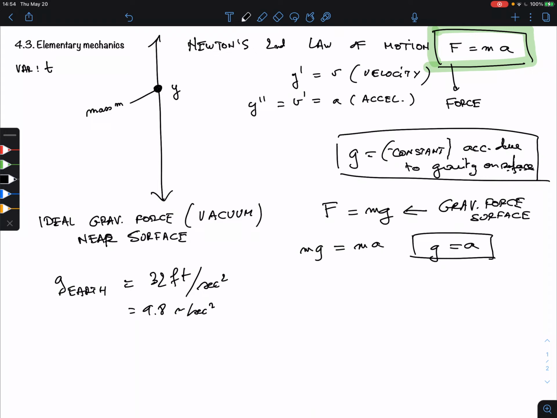And so this means that y double prime is, well, one thing of course is, we're choosing y to represent the position, but we can make the direction of our y-axis go either up or down. I kind of hid it a little bit by putting my arrows on both sides, so we really should choose one direction only.